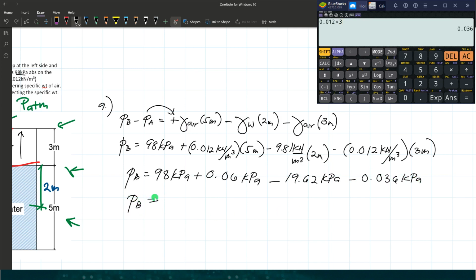Combine like terms. So just add them all: 98 plus 0.06 minus 19.62 minus 0.036. So the answer is positive 78.404 kilopascal. That's your answer for the pressure at point B.